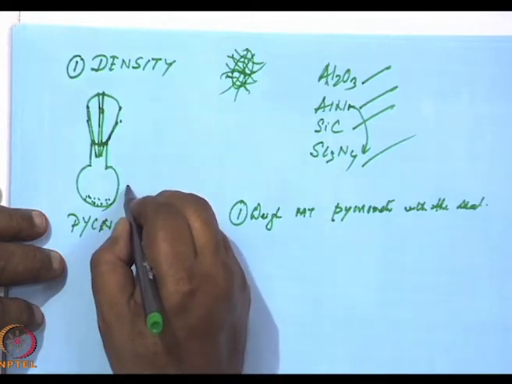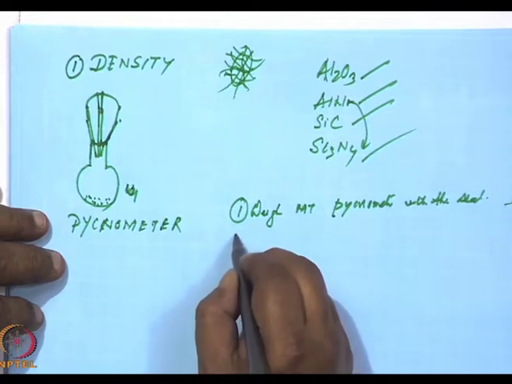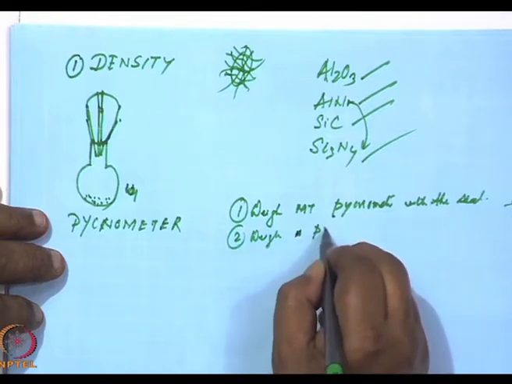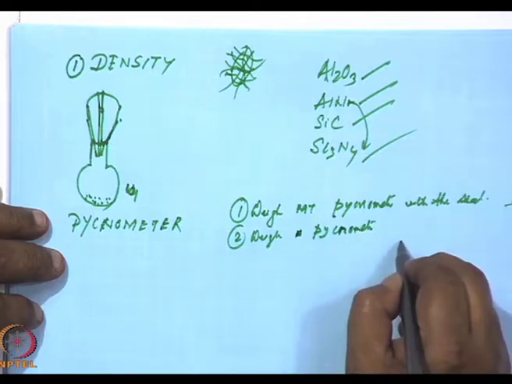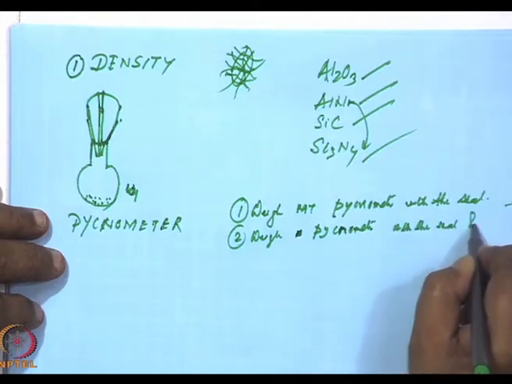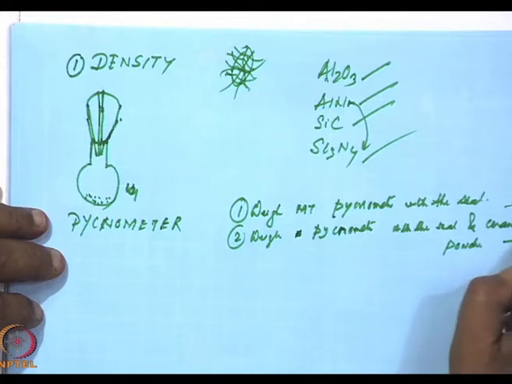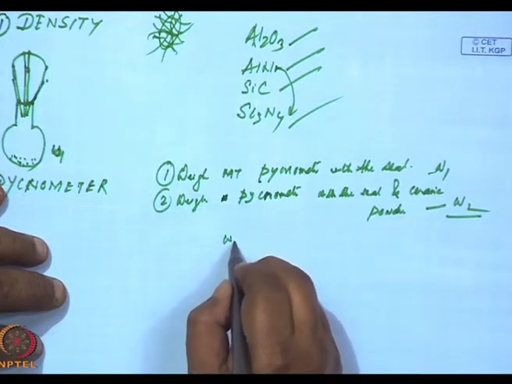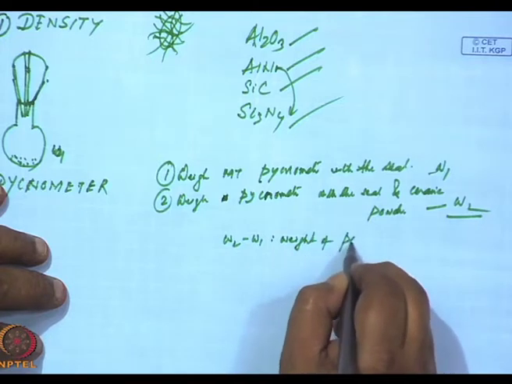Let's say this is W1, to weigh. Now this is no longer the empty pycnometer, but the pycnometer with the seal and ceramic powders. This is W2. So W2 minus W1 is the weight of powder.